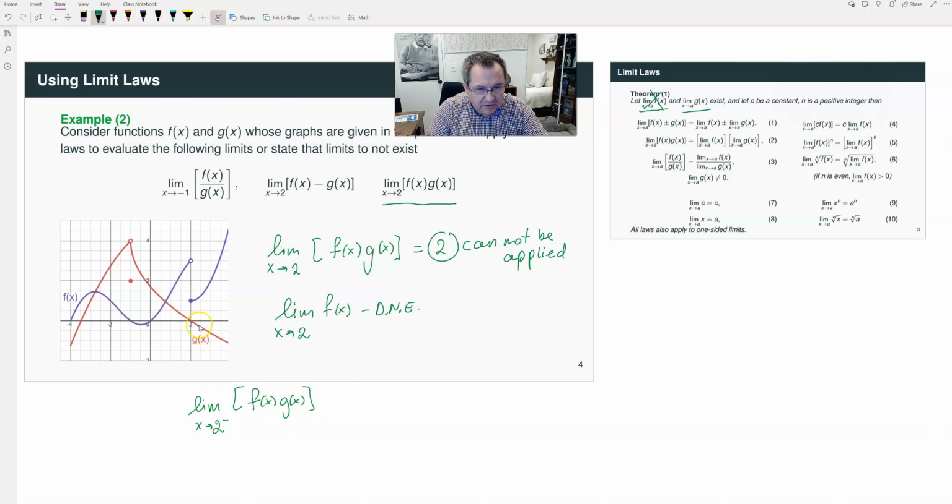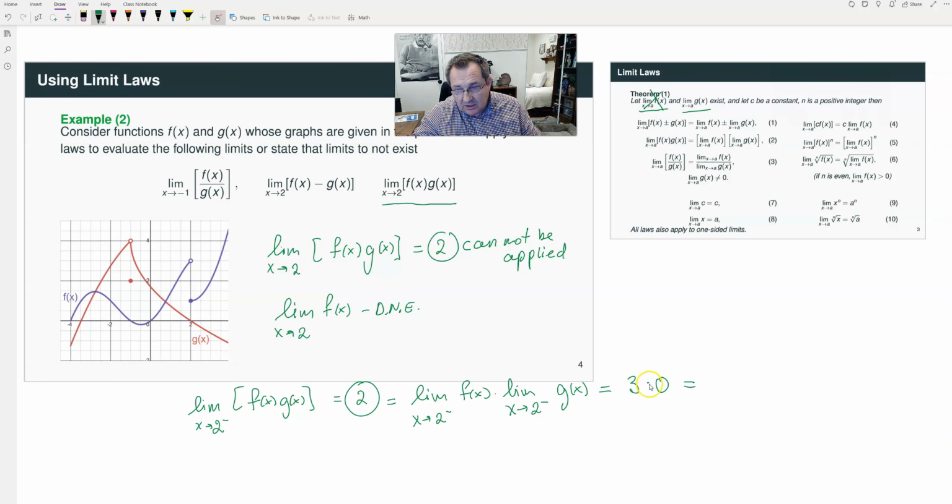We know that one-sided limits exist for both f and g, therefore we can use formula 2 in this case for one-sided limits, and we will write the limit as x is approaching 2 from the left of f of x times the limit as x is approaching 2 from the left of g of x. The first limit is 3. The second limit is 0. 3 times 0 equals 0.